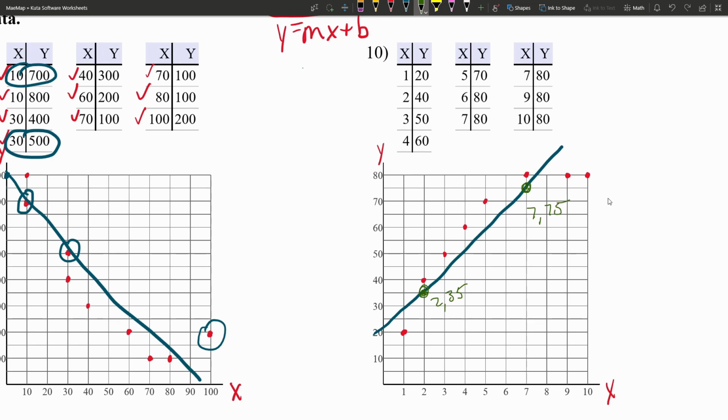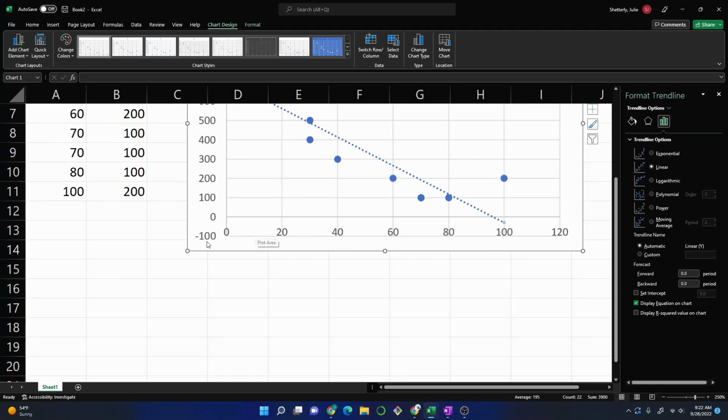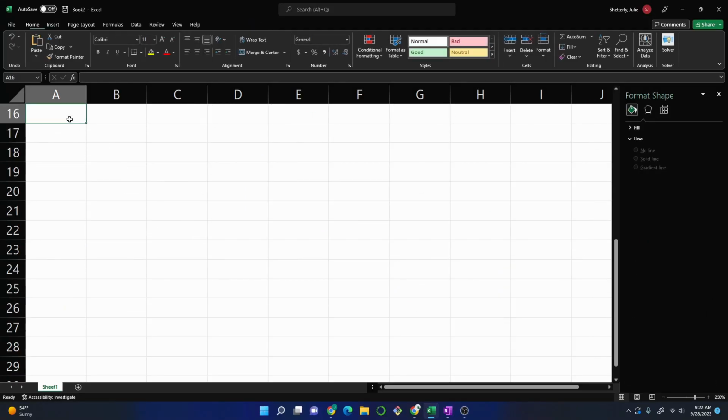However, as opposed to doing that, to get a more accurate representation, I'm going to go ahead and go back to my Excel worksheet and use technology to help. So jumping back over to Excel, I'm going to scroll down and make a new plot. Here's my X values and my Y values.